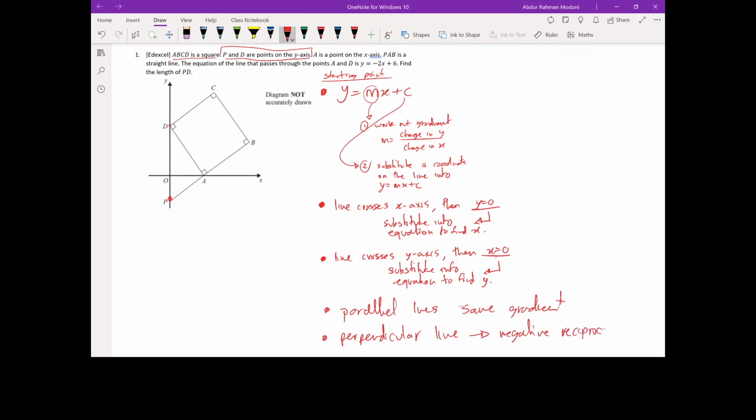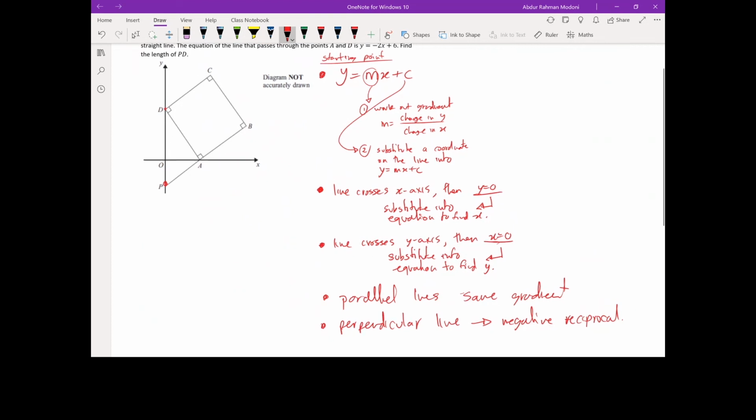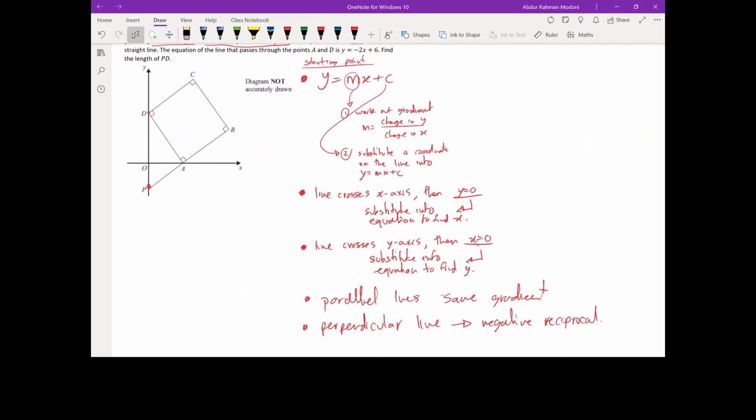Reciprocal means write it in a fraction form and switch the numerator and denominator. Negative means times it by -1. This is essentially your summary of everything to do with lines, without going into a lot of nitty-gritty detail, which I expect you to know, such as working out gradients and so on.